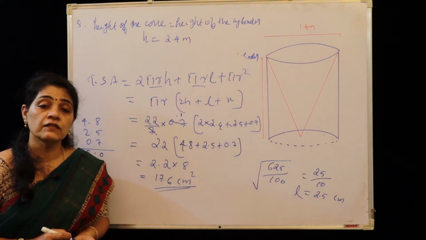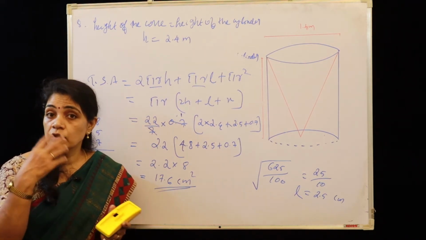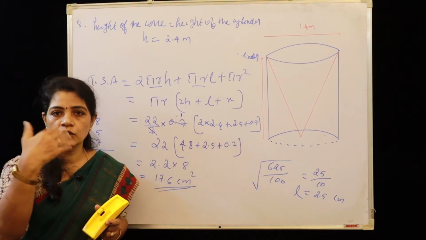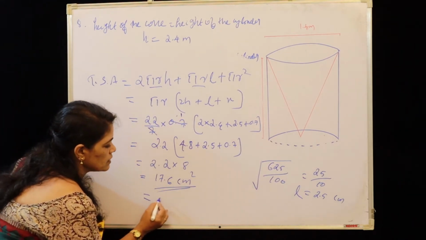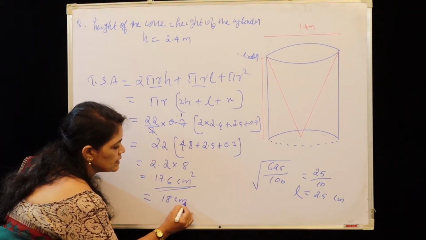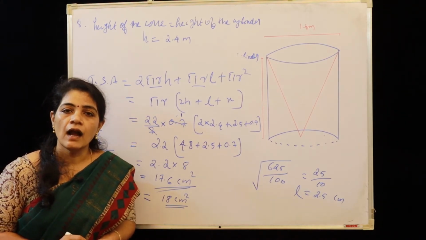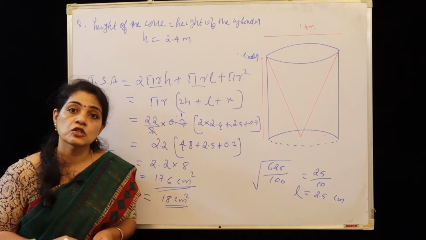But in the question we are asked to find the nearest centimeter square, so we can round off: 0.5 and above 0.5 you can take to the next whole number, that is 18 centimeter square. This is the total surface area of the solid after a conical cavity is hollowed out from the solid cylinder.